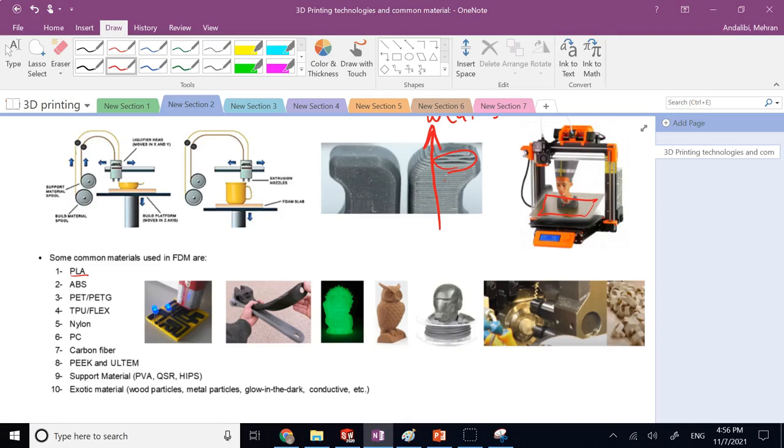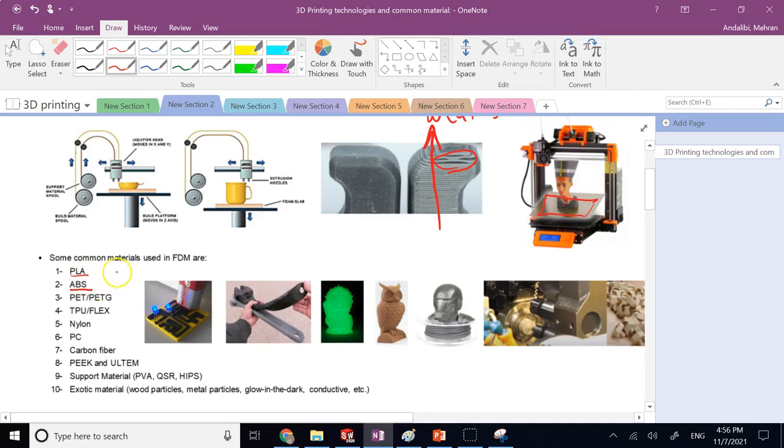The next level of plastic is ABS, which is completely petroleum based. And this plastic is a little bit stronger than PLA, and it can tolerate more heat. And despite that, against UV light, it is weaker than PLA.